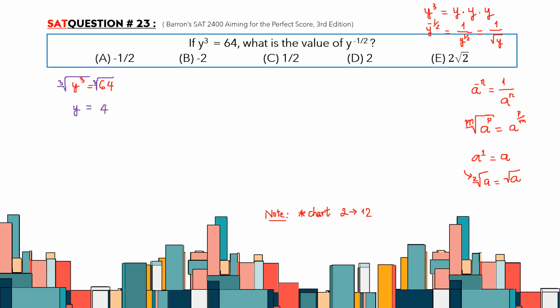We need to know the square chart from 2 to 20. For the cube chart, we need to know from 2 to 5.